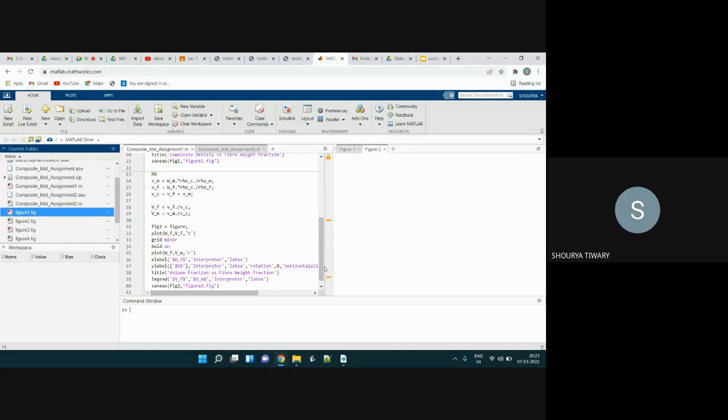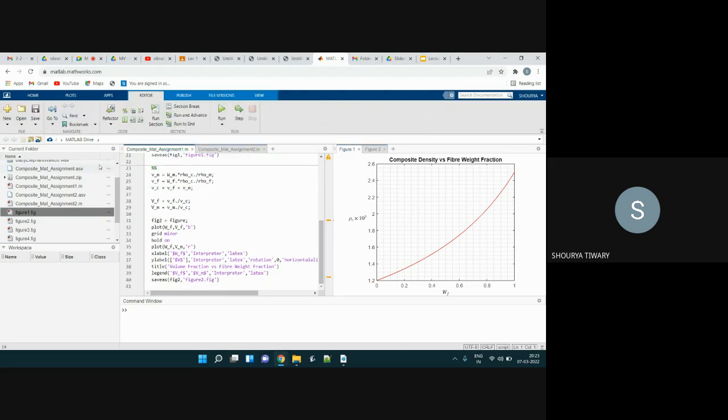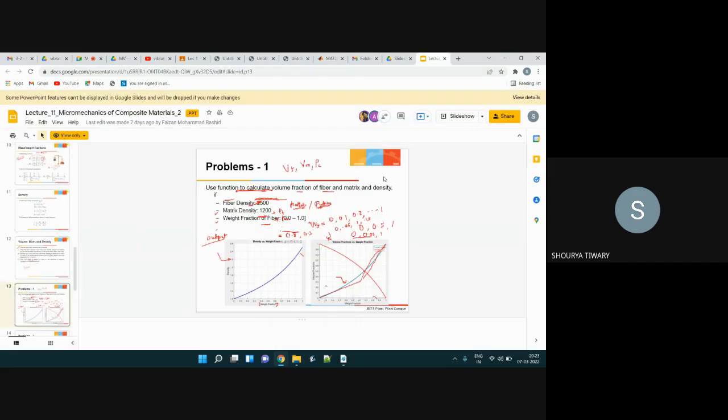So, sir, this is the graph of composite density versus fiber weight fraction. For the second one, the second graph was of volume fraction versus weight fraction.